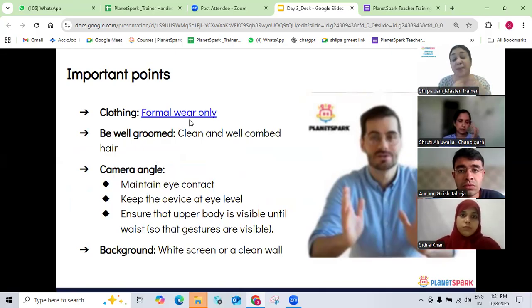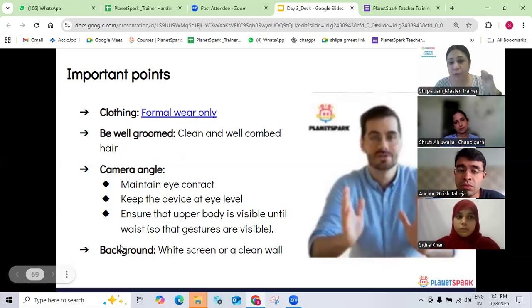Please don't wear round neck t-shirts. That won't be considered formal wear. Maintain the right eye contact. Keep the device at eye level. Ensure that the upper body is visible. Important information. Willow will not allow you to use any kind of background. Backdrops. Like right now I'm using the backdrop of Planet Spark.